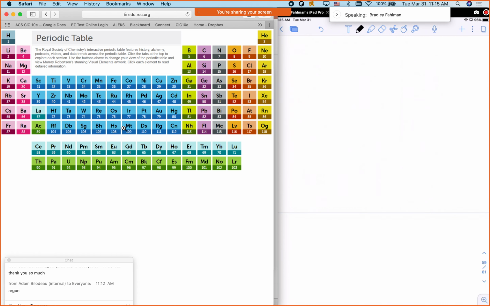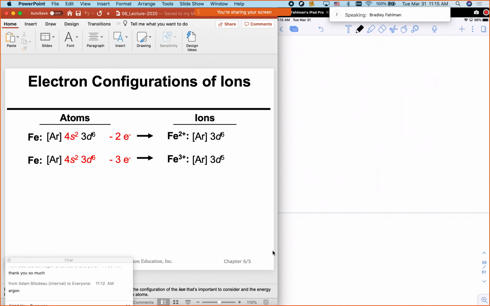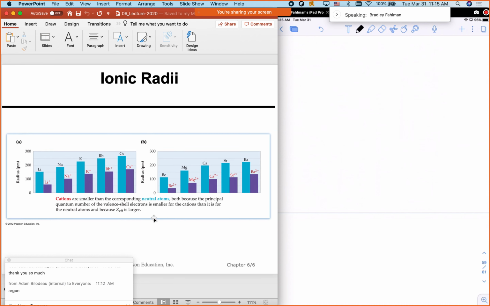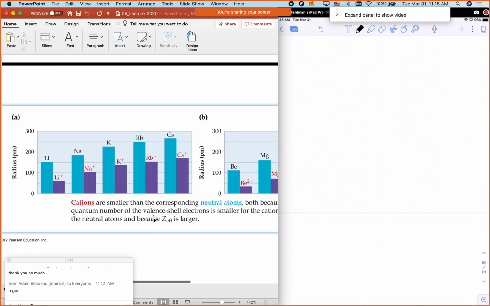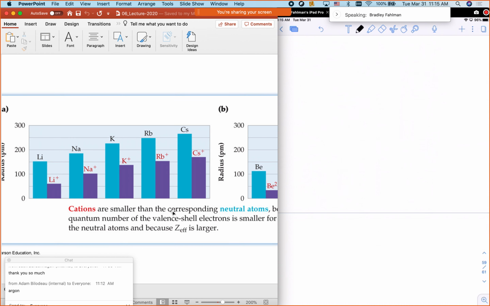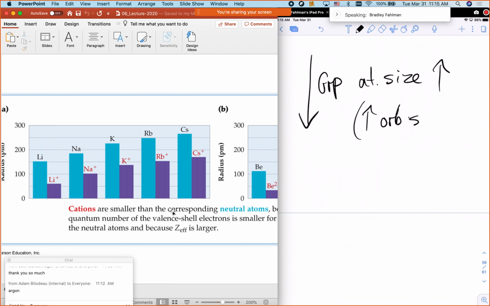All right. So now starting to talk about some periodic trends. So this is really small. Let's see if I can blow it up. There we go. Okay, so as far as sizes, we already looked at one periodic trend: as you go down a group, atomic size increases, and we saw that because you have increasing orbital size.